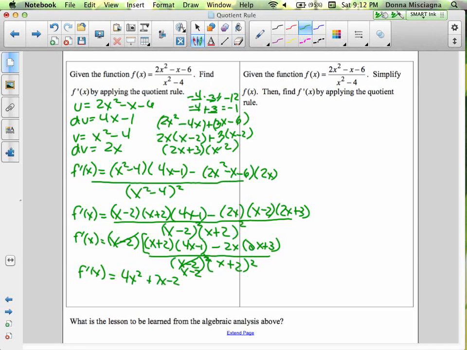Minus 2, and then a minus 4x squared, that's going to cancel, and minus a 6x, all divided by, so now I've got an x minus 2 and an x plus 2 squared. So the 4x squareds will cancel.